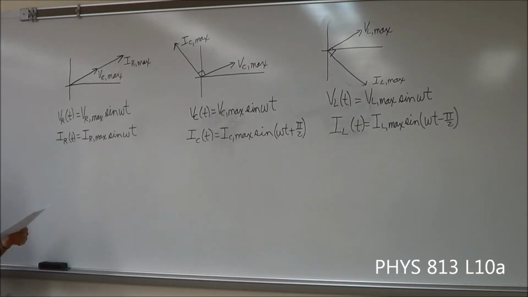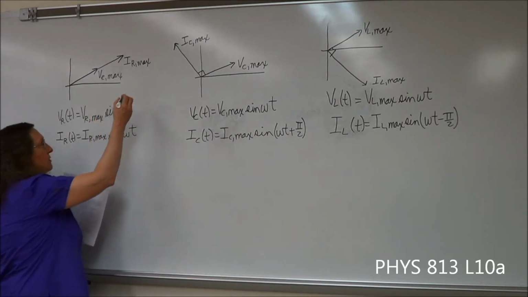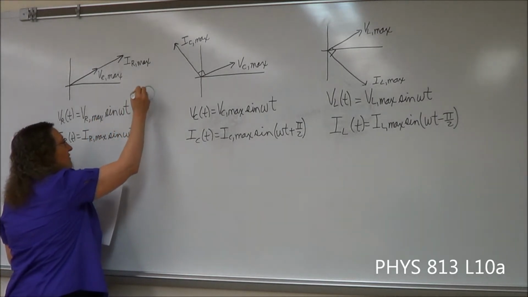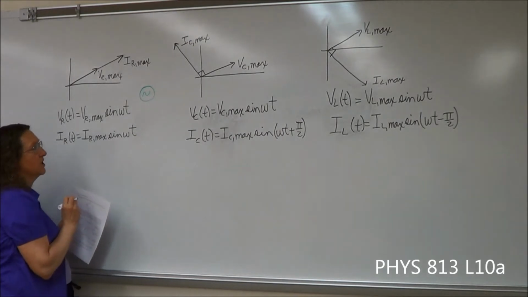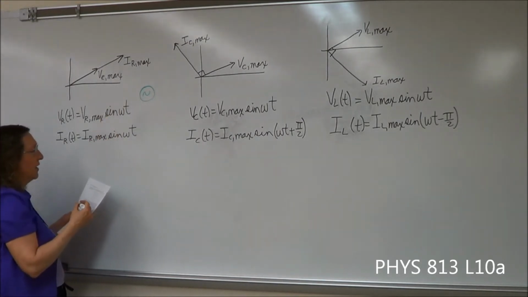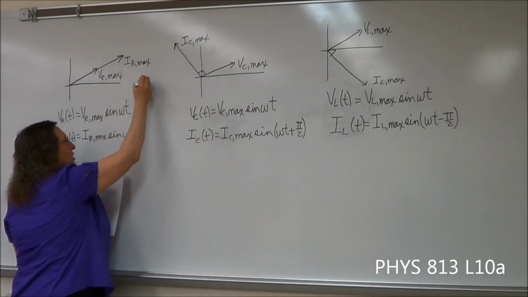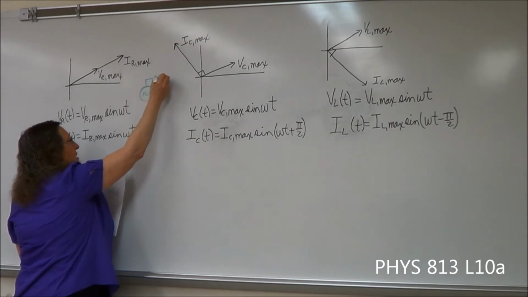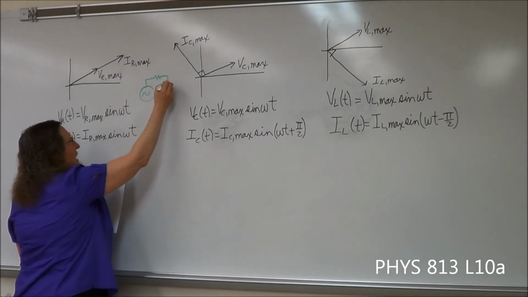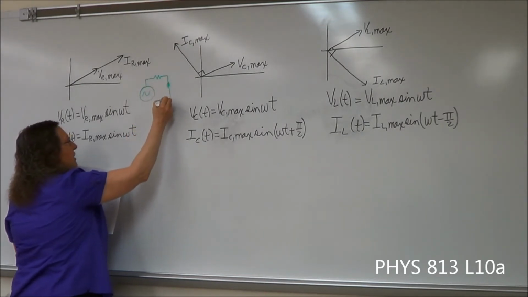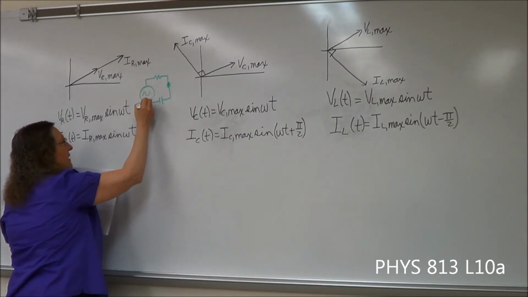So it says to draw a series RLC circuit, and I will do that in a very small space right here. So we have an alternating voltage source, and it doesn't really matter which one you draw first. So I'm going to put the resistor and then the inductor and then the capacitor and then back to here.